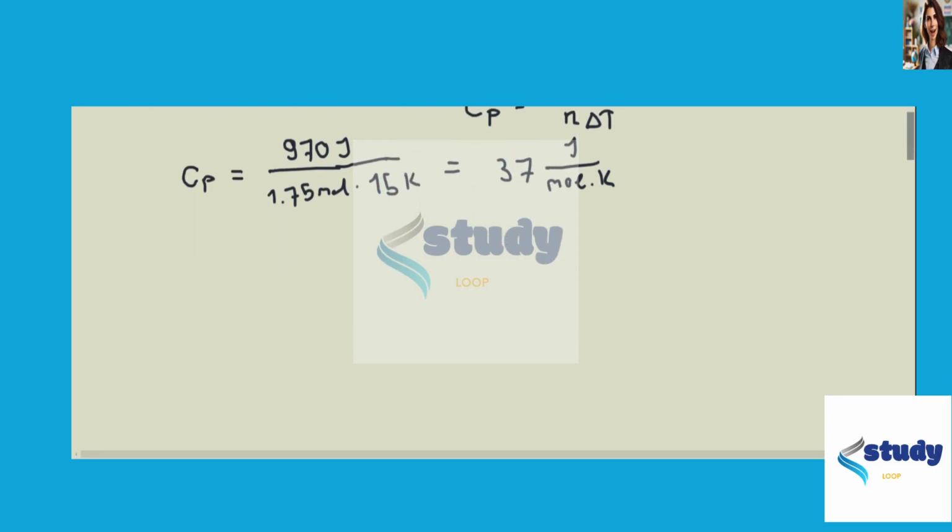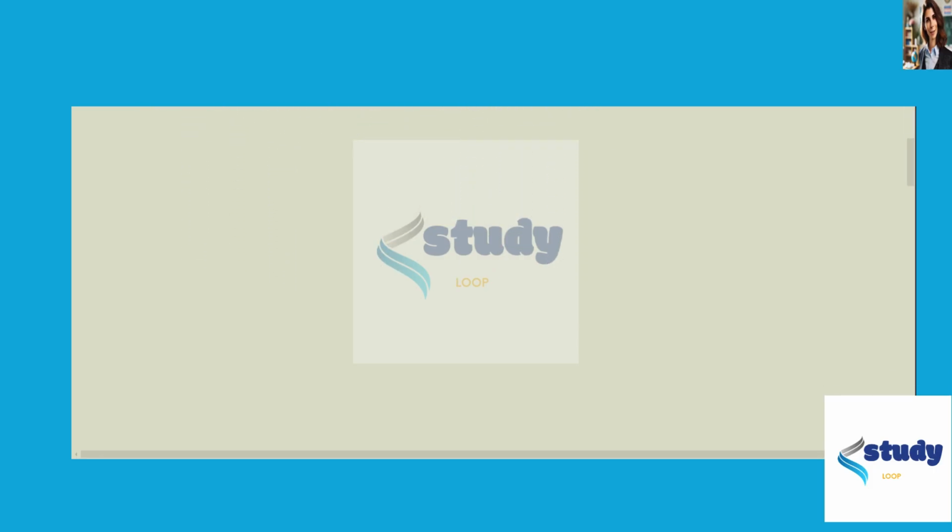Next, we know the specific heat capacity under constant pressure, Cp, but now we need to find the specific heat capacity under constant volume. This can be done from the relationship between Cv and Cp.